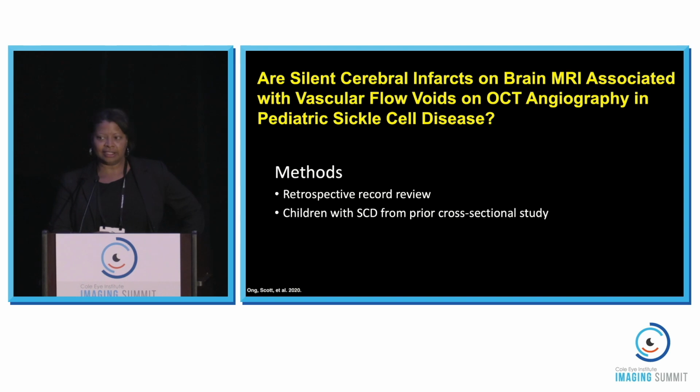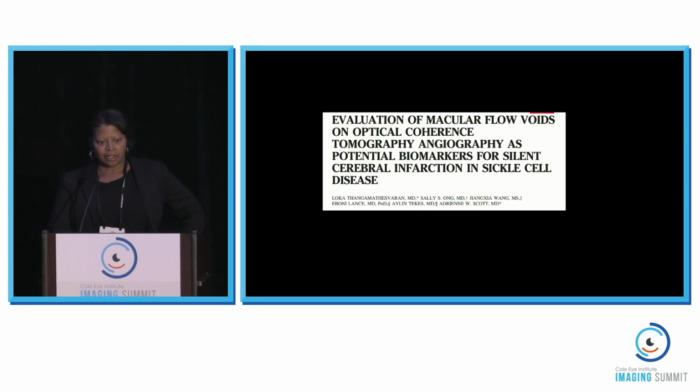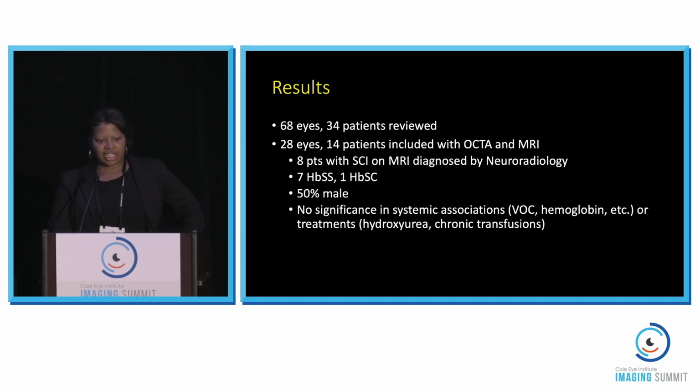This is a post hoc analysis of the cross-sectional study of pediatric sickle cell that I showed you. We included children who had OCT angiography and MRI. We did publish this in the Journal of Retina in 2022. So 68 eyes of 34 patients were reviewed, and 28 eyes of 14 patients were included who had OCTA and MRI.